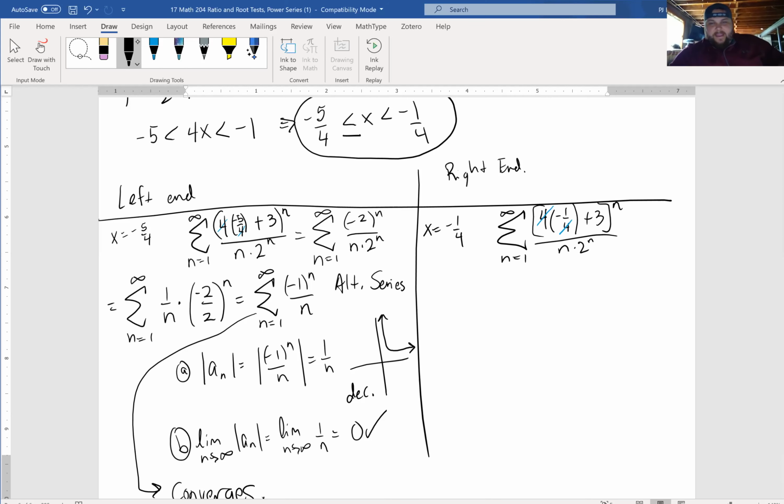This time I get -1 plus 3 up top, and that's going to give me 2 to the n over n times 2 to the n. That's really nice because these 2 to the n's will just cancel completely. And I am left with this guy.